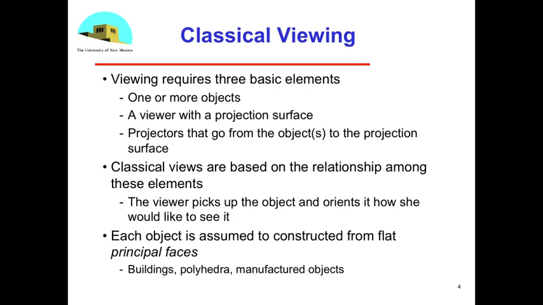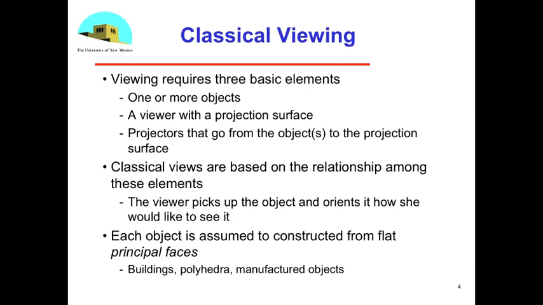Now, a lot of this is based on the idea that objects are constructed from a bunch of flat polygonal faces, which we can think of, at least if we're talking about things like buildings, as being the principal faces, like the front, the back, the sides, the top view perhaps, and in some applications perhaps an underneath or a bottom view.